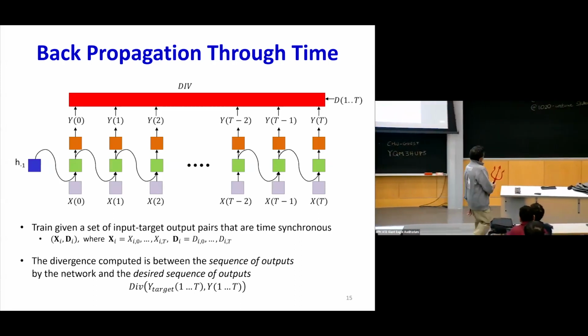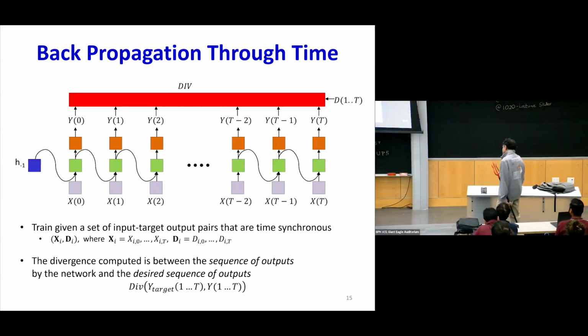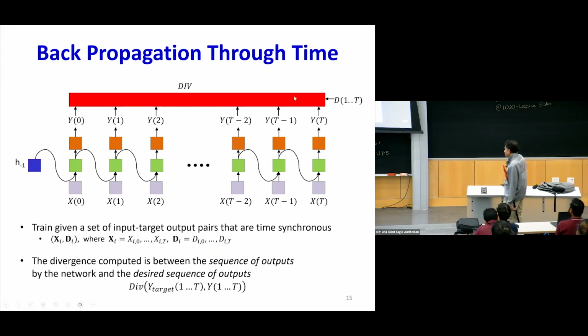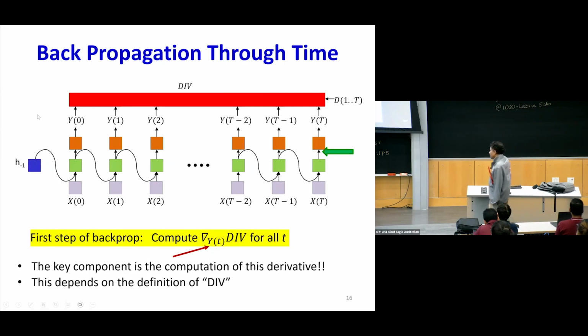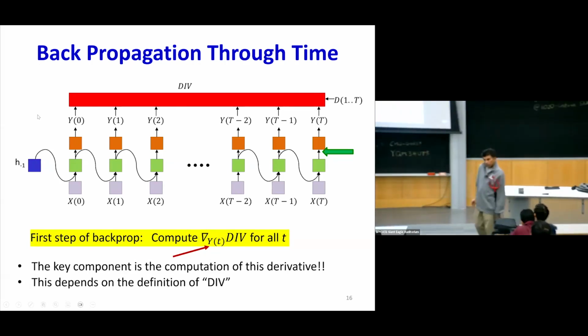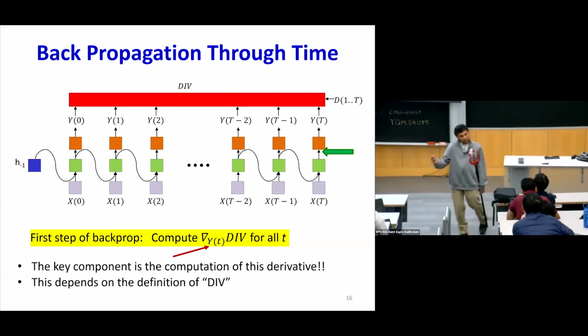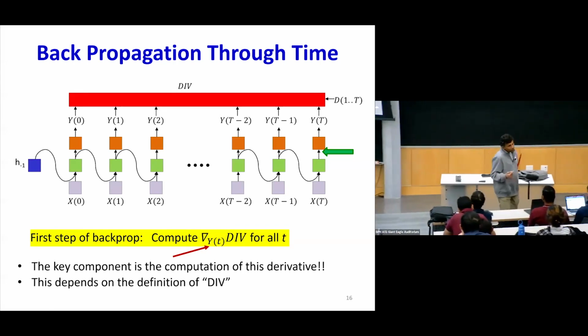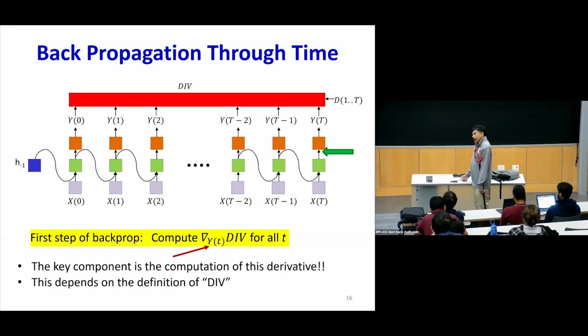Once you do that, you can just go ahead and use BPTT, backpropagation through time, to train the model. For backpropagation through time, starting from the final time instant and going back, you would need the derivative of the divergence with respect to the output of the network at every single time. So the assumption is that you are able to compute this derivative.